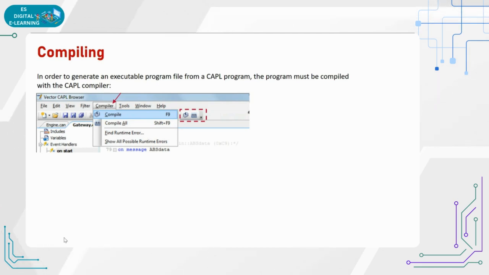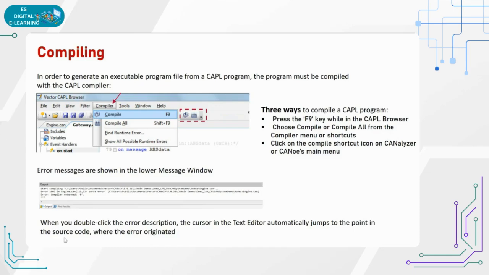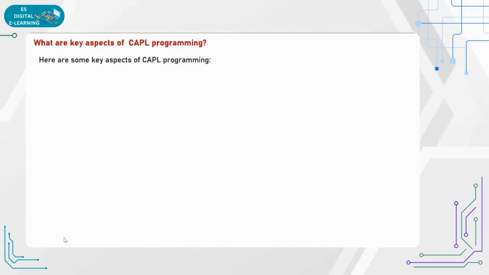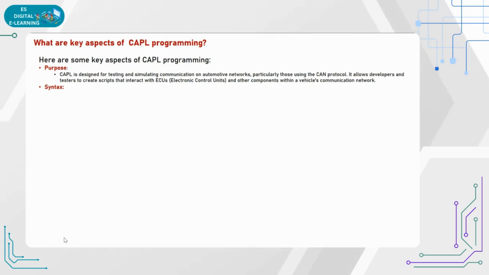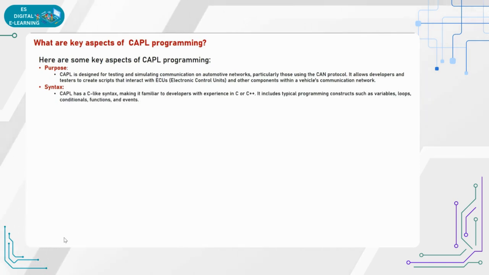Okay, and next, coming to the other topic, what are the key aspects of a CAPL program? So the purpose, as I discussed, is specifically for the ECU nodes to communicate within the network. Next, what is the specific syntax?